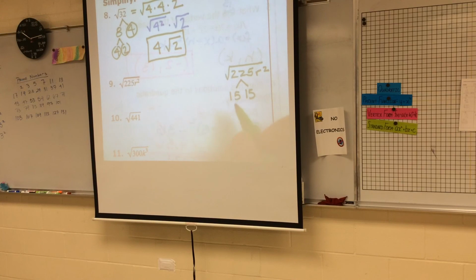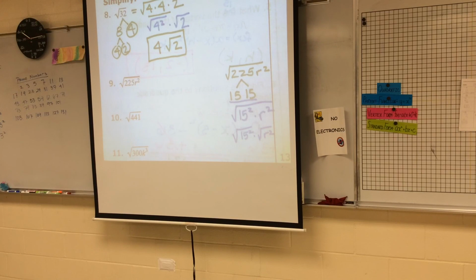So let's set that up. So I've got the square root of 15 squared. So I've got my pairs here. Times r squared. So that's the square root of 15 squared times the square root of r squared.